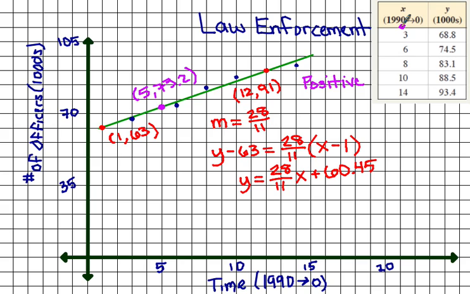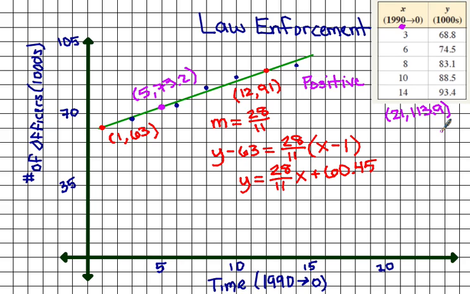So 28 times our 21 divided by 11 plus our 60.45. We'll see that in 2011, or the year 21, roughly 113,900 officers would be employed. Okay. Questions on how to use a scatter plot and do that piece of it?